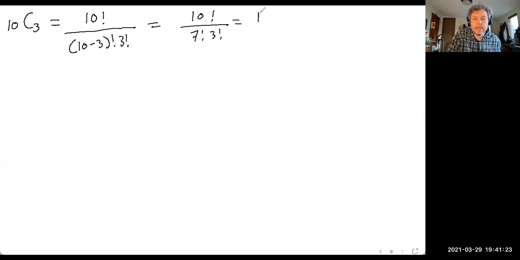So this is going to be 10 times 9 times 8, since we've done a lot where we go down to 7 factorial and then cancel that out, so hopefully it's okay that I skipped that part, and then 3, 2, 1. Let's evaluate it. The 9 becomes a 3, the 8 becomes a 4. So we have 3 times 4 is 12, and 12 times 10 is 120.